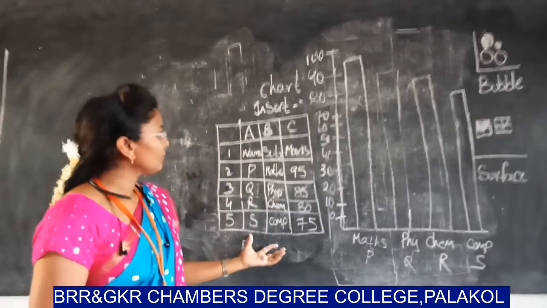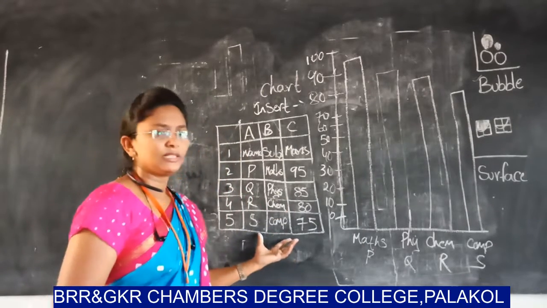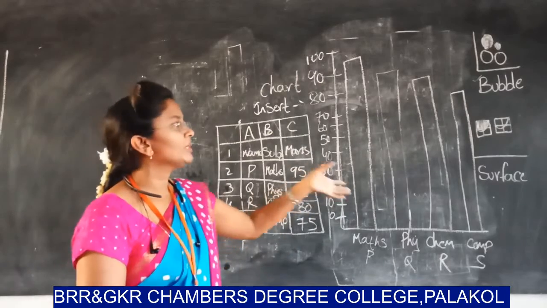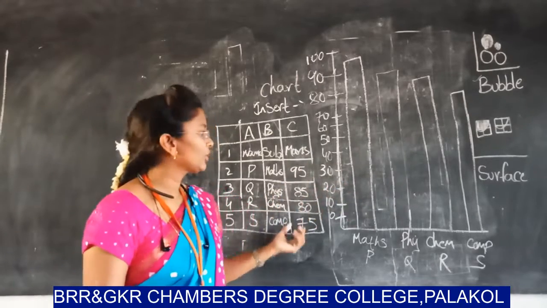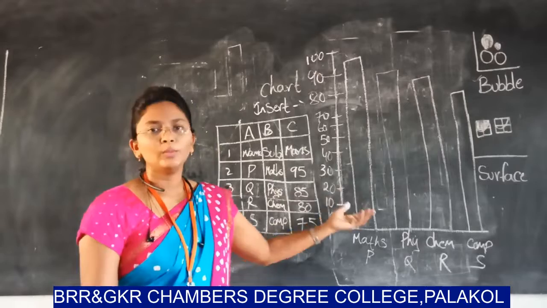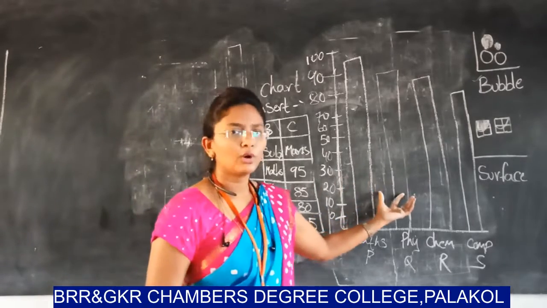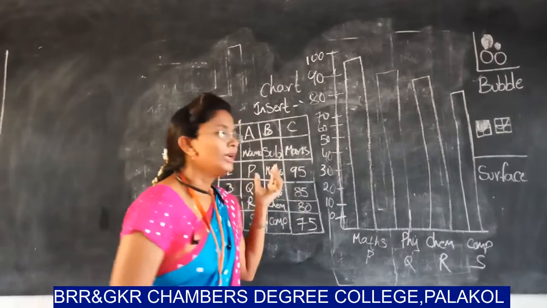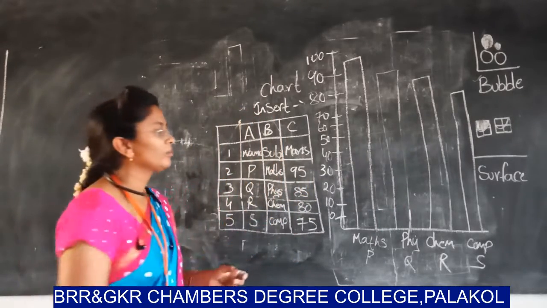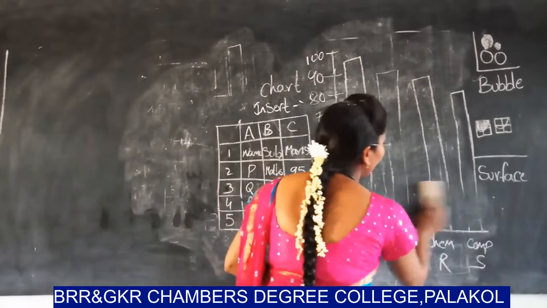And if you take some other data in the Excel sheet and click on some other option like line charts or bar charts, it will be represented like that. Here this is the example for the column chart. If I click on the line chart, then the representation will be different.